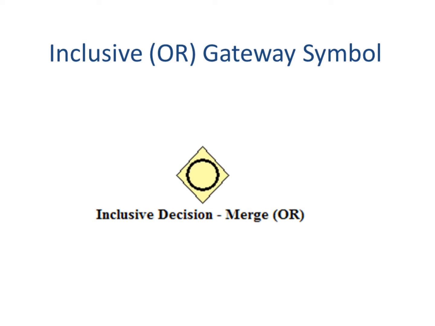When the inclusive gateway is used as a merge, it will wait for and synchronize all tokens that have been produced upstream in the model. It does not require that all incoming sequence flows produce a token, as the parallel gateway does, but it does require all of the sequence flows that were actually produced upstream by an inclusive OR situation, for example.